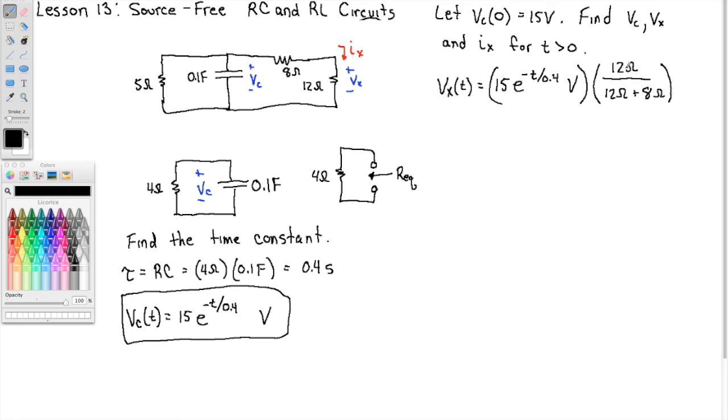So this fraction, this is 12 over 20, so there's a 4 there, that's 3/5. 3/5 times 15 is 9. So this is 9 e to the minus t over 0.4 volts.